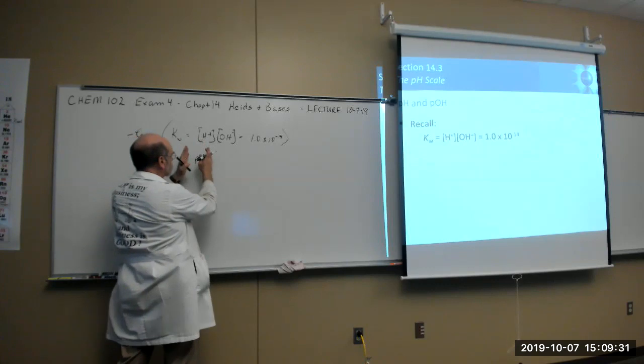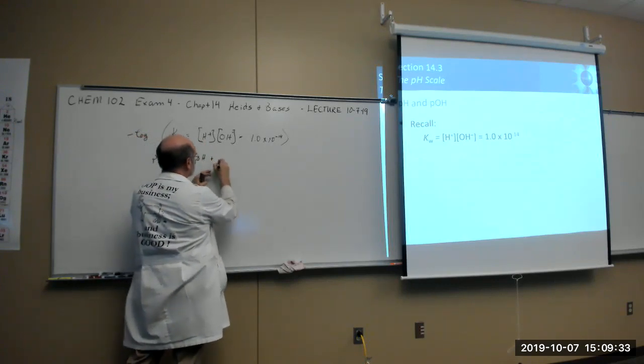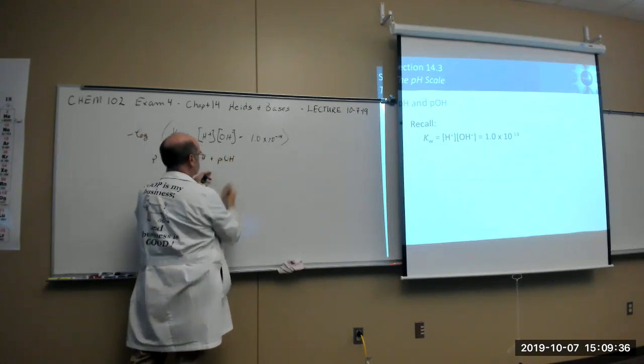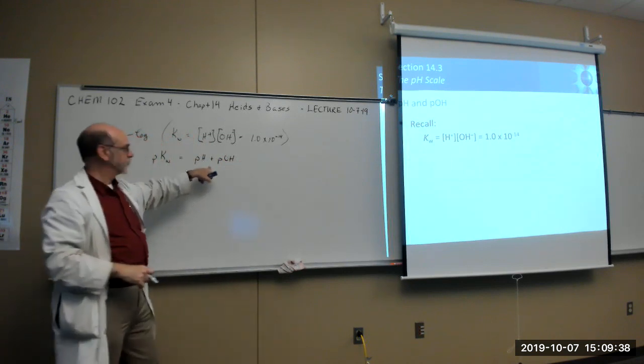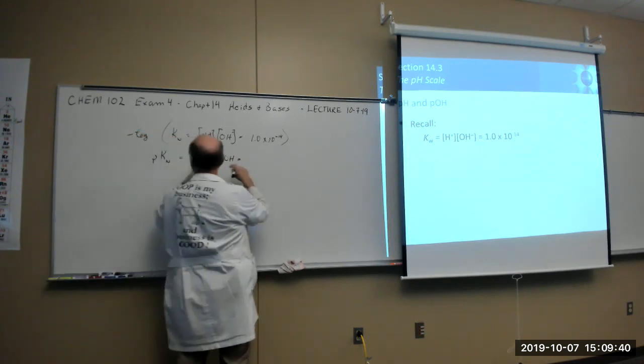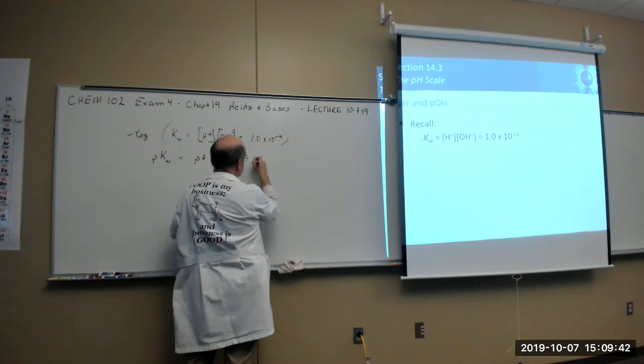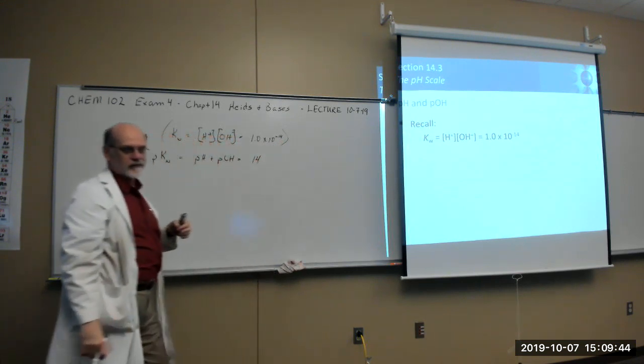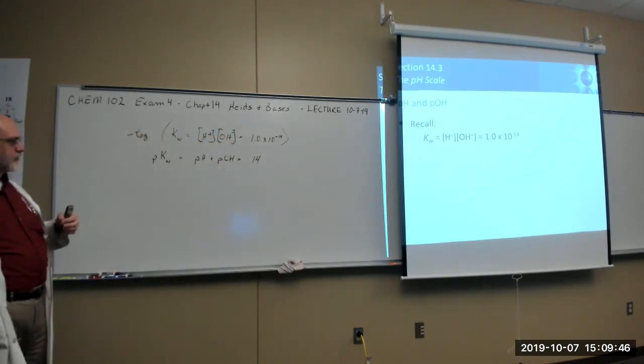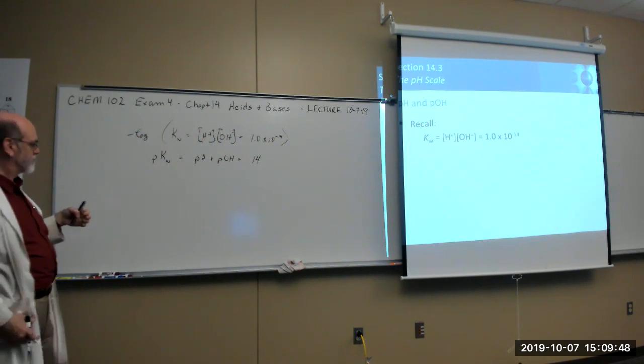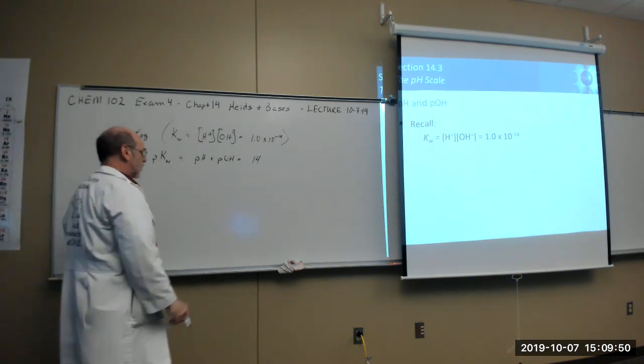So pH plus pOH equals the negative log of this one, which is 14. Look at what that means.